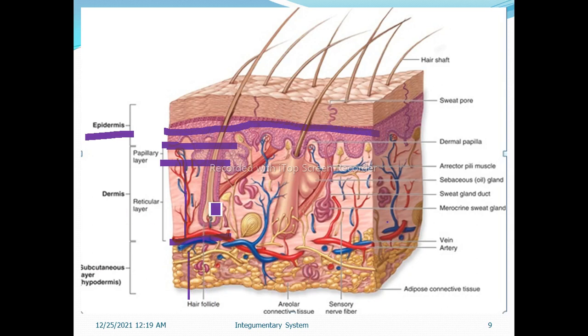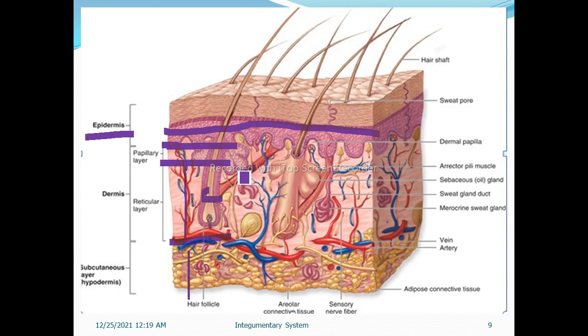In the epidermis, the cells are dead cells. But in the case of dermis, most appendages of the skin are found in the dermis layer. This is the hair follicle, or roots of the hair. Hair follicle is found in the dermis layer.